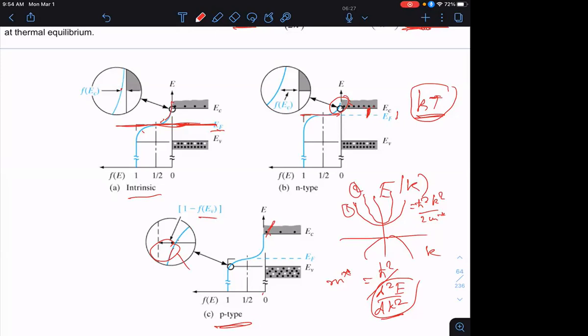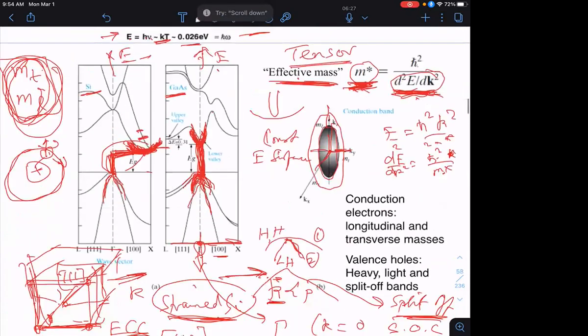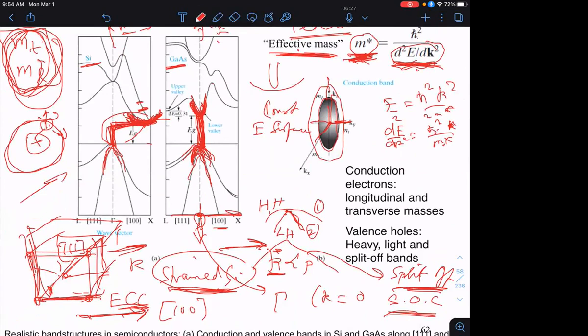Okay. Now, the problem becomes that in a semiconductor, in a crystal, of course, you have three different axes. Here, I'm just showing a one-dimensional case, but in general, we showed in a previous lecture, let me scroll quickly through it. Yeah. Remember when we showed realistic band structures, E of k? These are parabolic, but not exactly parabolic.